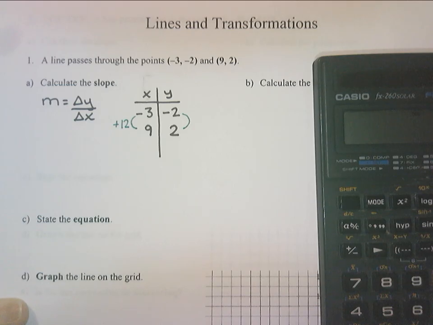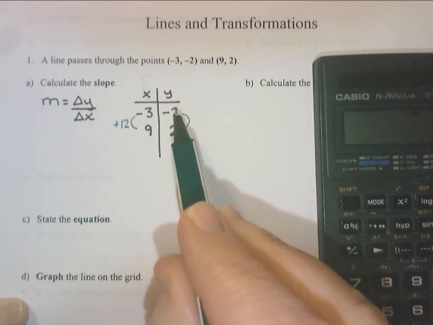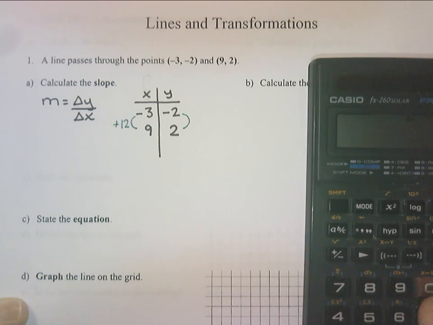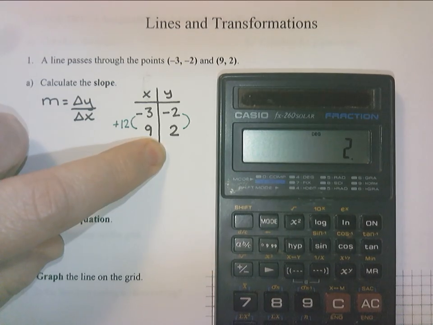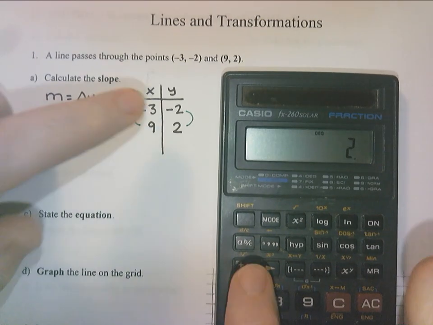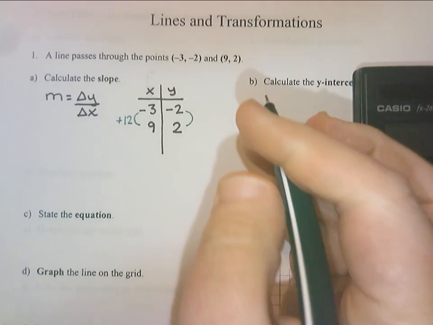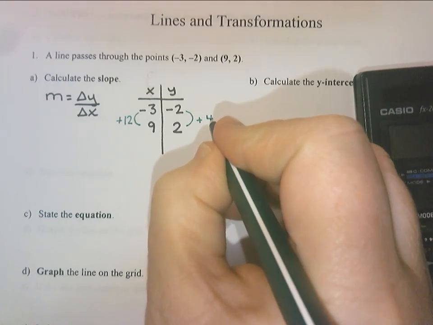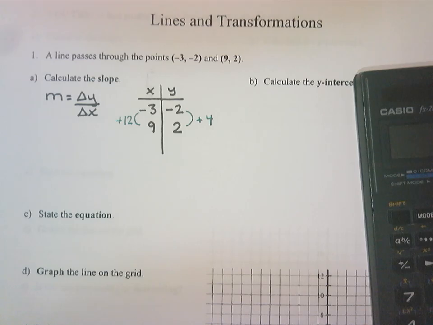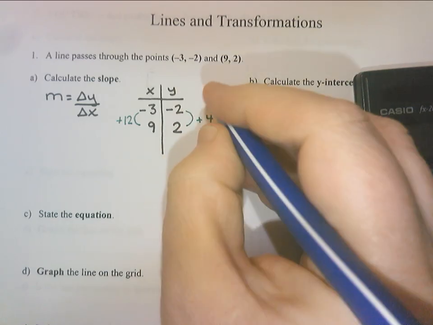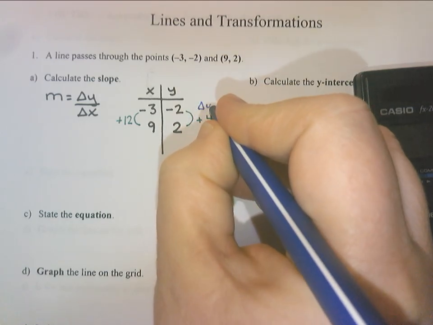To get from -2 to +2, you could think it out, how am I getting there? Or you can take the second number 2 and then subtract the first number, which is -2, to get that we added 4. Now, delta y is on the y side, so that's our +4.